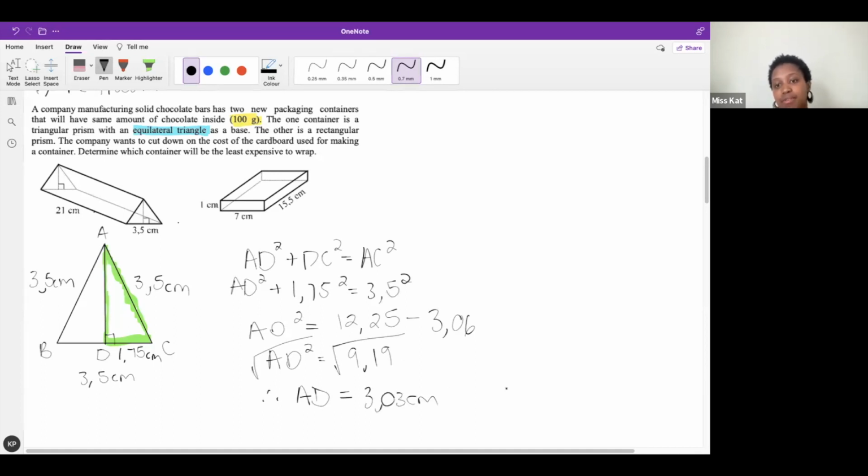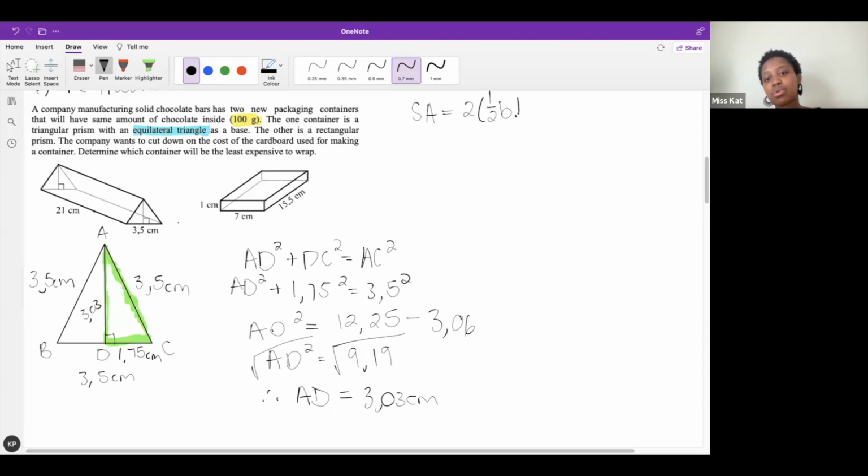Now, do we have enough information? We have a perpendicular height, which is 3.03. Do we have information now? Yes, we do have information. Now let's do the surface area for this triangular prism. So the surface area is 2 times half base times height.